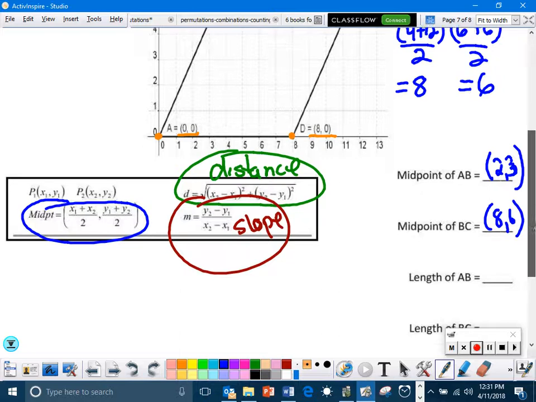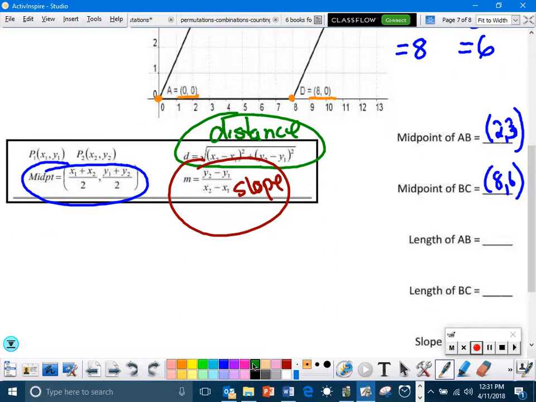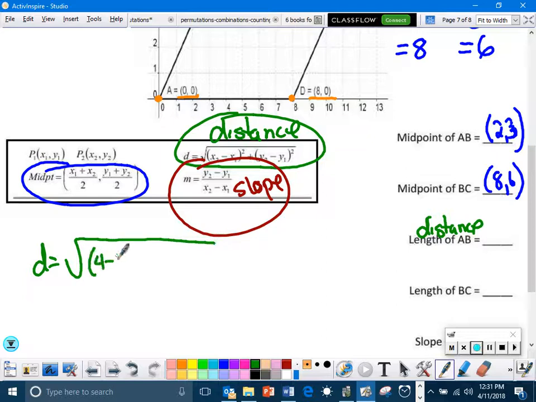Now the distance, the length. So, first, this is between A and B. We're going to take 4 minus 0 squared plus 6 minus 0 squared.